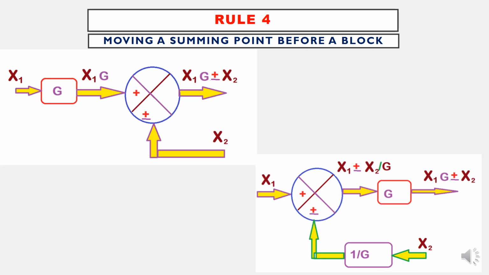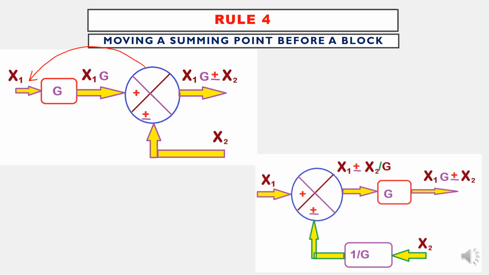Rule 4: moving a summing point before a block. So this is the movement. And what do we have to do? We have to multiply 1 by G with the signal X2. Here X1 into G and here X2.